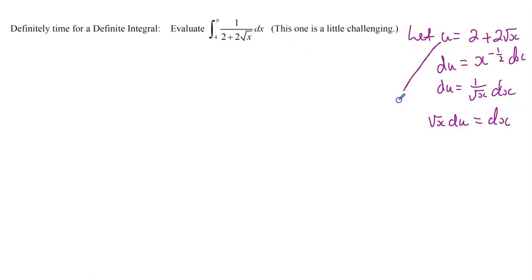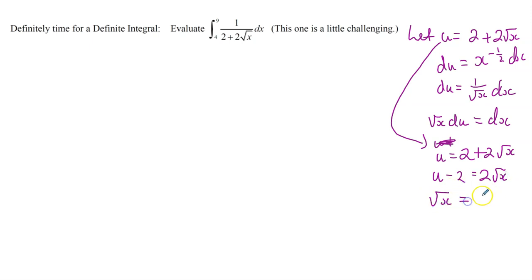Now, what else do we got going on here? Well, we know that u is equal to 2 plus 2 root x. So u minus 2 is equal to 2 root x, and root x is equal to u minus 2 over 2.